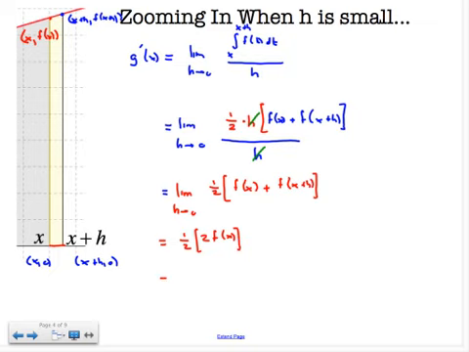The 1/2 and the 2 cancel, and I'm left with f of x. So the moral of the story here is that the derivative of that function g is actually f, the function that we're finding the area under.